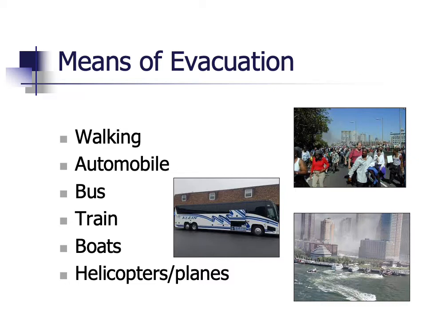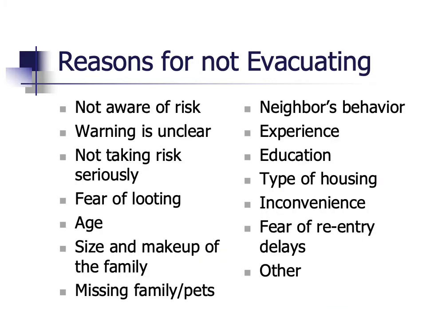In some cases, boats could be used, as we saw on 9/11, and this included the largest waterborne evacuation in history, moving perhaps 300 to 500,000 people to safety. In addition, we may fly people to safer locations through the use of helicopters and planes.